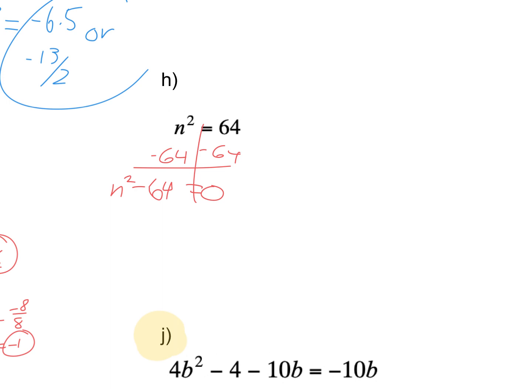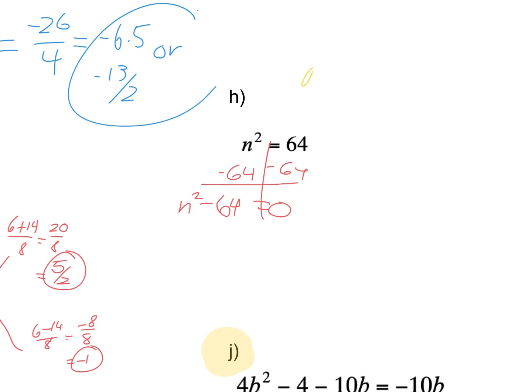So once again, I do not have a b value, but I do have an a and a c value. So our a equals 1, because there's no number or coefficient in front of n squared. Our b value is 0, and our c value is -64.